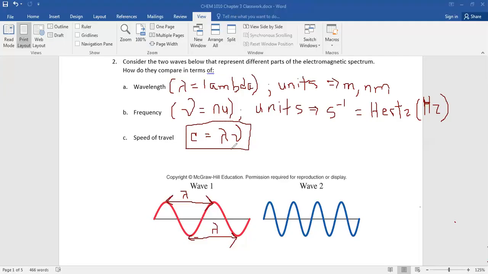So therefore, in comparing wave 1 and wave 2, we can therefore say that wave 1 has a longer wavelength, and we can also say wave 1 has a lower frequency.